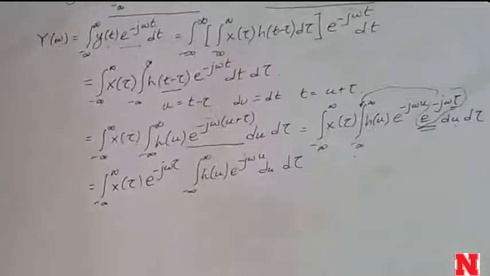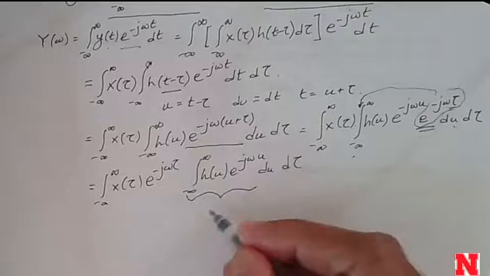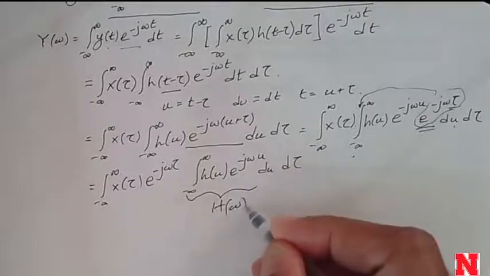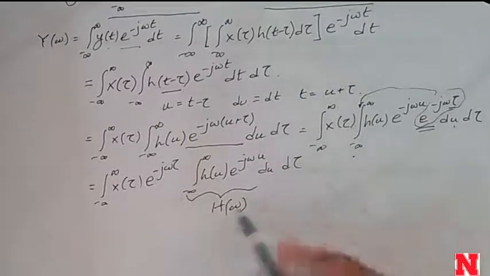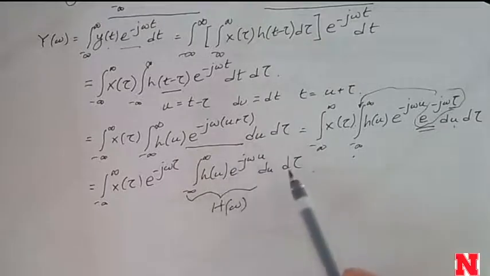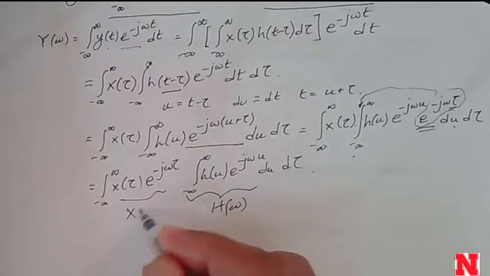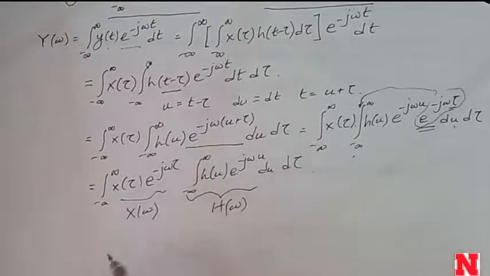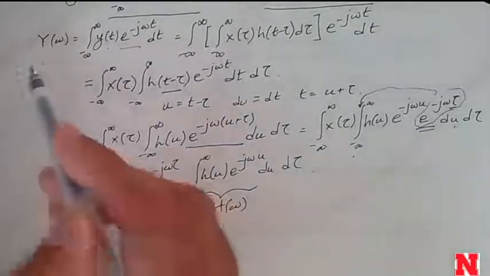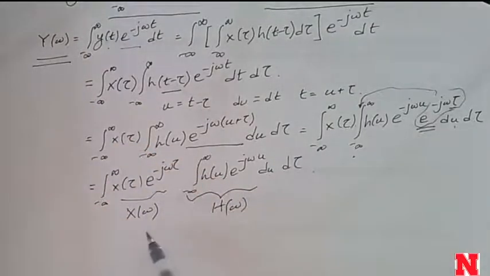But this inner integral is just H of omega. Because it's just H of omega, I can take it outside of this integral, and what I'm left with is this integral, which gives us X of omega. So finally, remember that we started out with Y of omega. So Y of omega is equal to X of omega times H of omega.